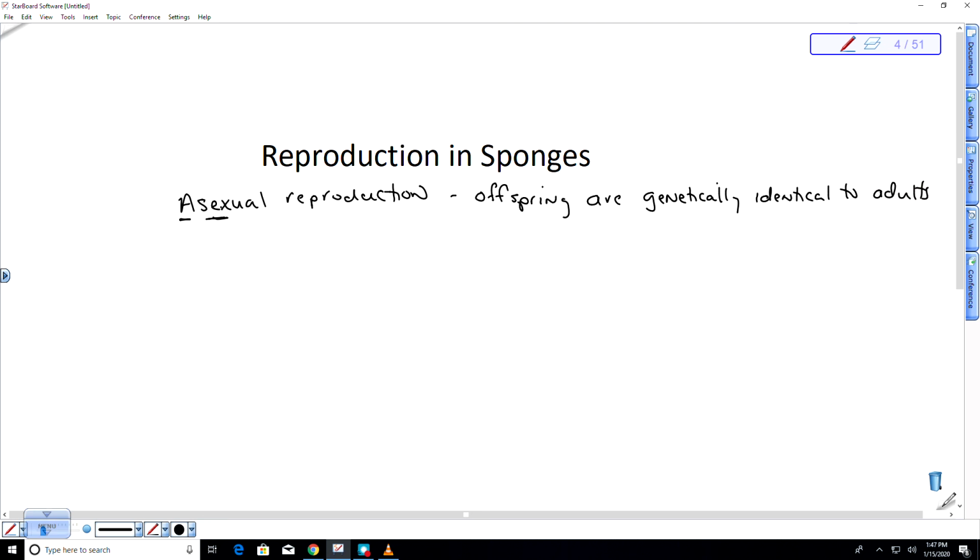And so sponges actually reproduce asexually when they're stressed. So specifically if they're stressed by water, say for example, the water starts to dry out where their tide pool is, might start to dry out, their pond might start to dry out. When they're stressed, they produce packages of amoebocytes.